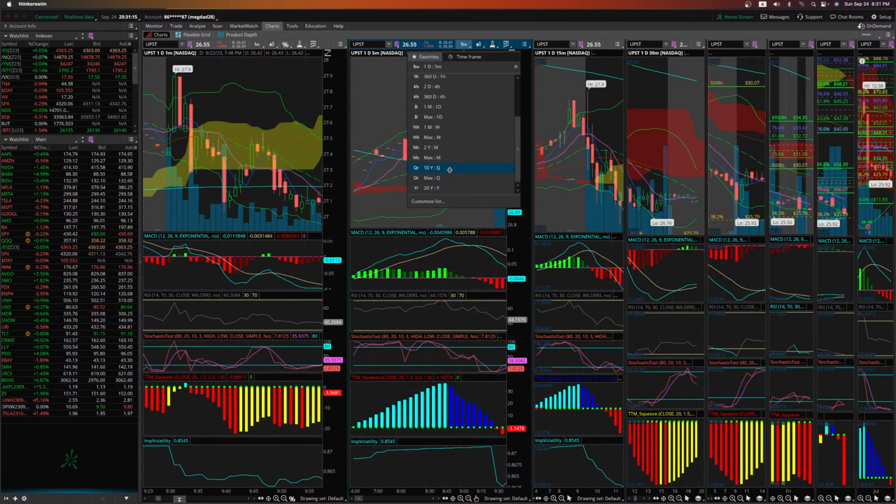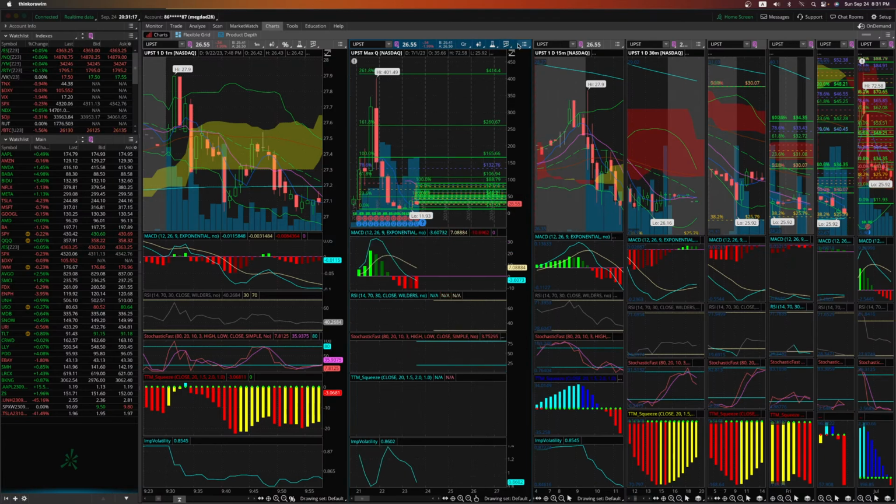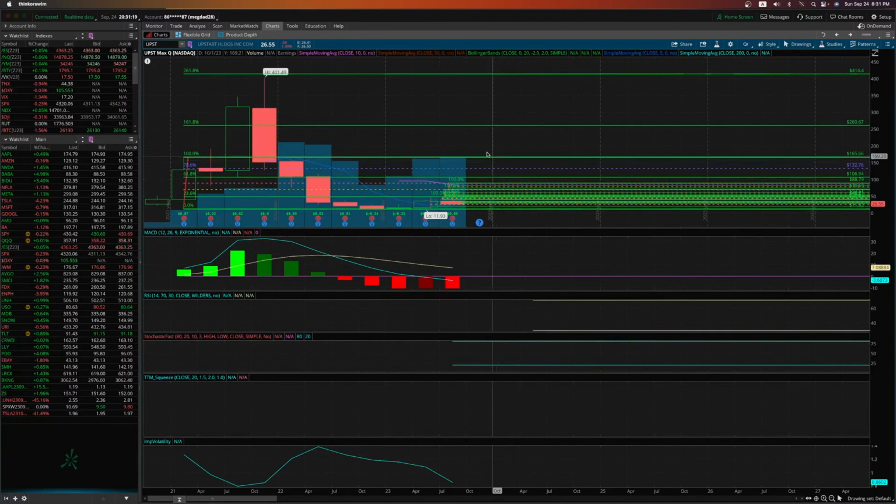Let's go to quarterly max and maximize this. You always want to pay attention to the monthly and the quarterly too. When you see a name's quarterly dead cross, it means it's going into dead mode. You can see here for 1, 2, 3, 4 quarters it was dead. Or AMC.